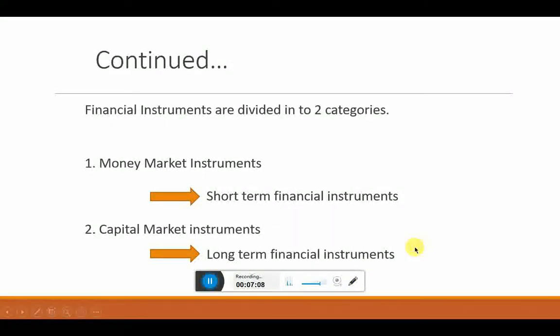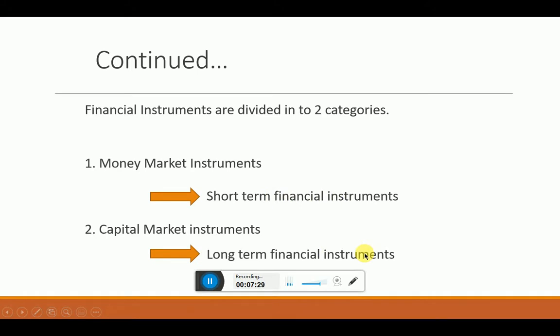Now, these financial instruments are divided into two categories. Based on the market, we have money market instruments or financial securities, and capital market instruments or securities. Based on the time period, we can divide them into short-term financial instruments and long-term financial instruments.